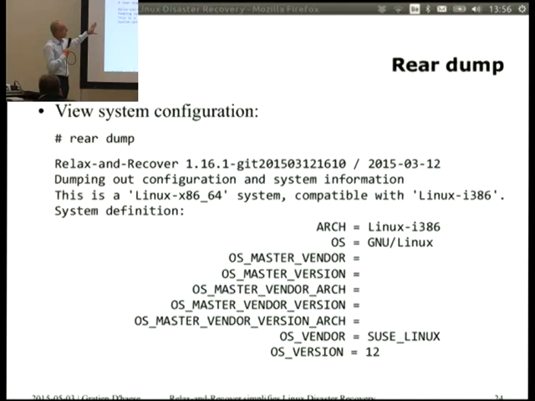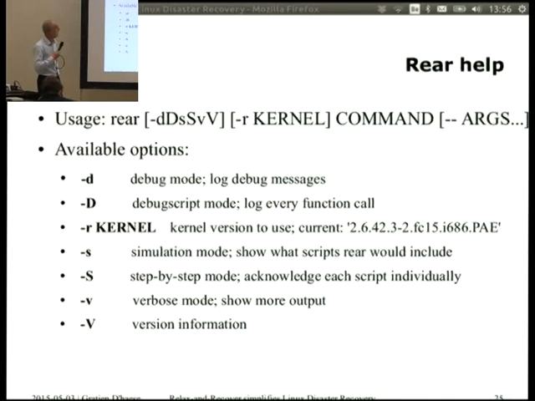It's always handy, if you're starting with ReaR, to do a rear dump, because then it will tell you which kind of system you have and what it finds of your system. Does it find configuration files? It will tell you the architecture, the version, and ReaR has some help functionality embedded about the options.